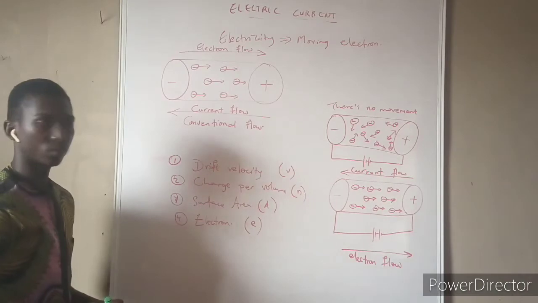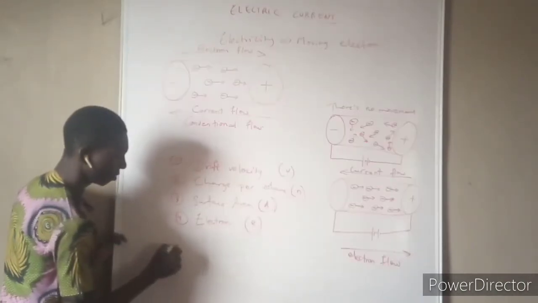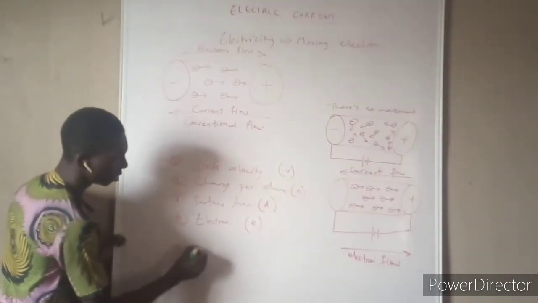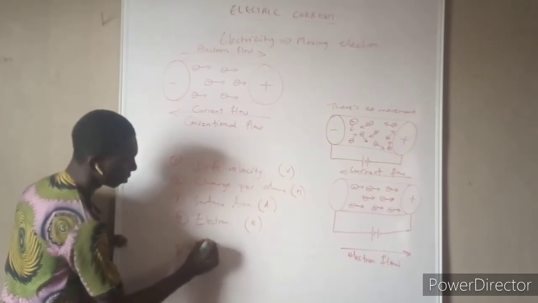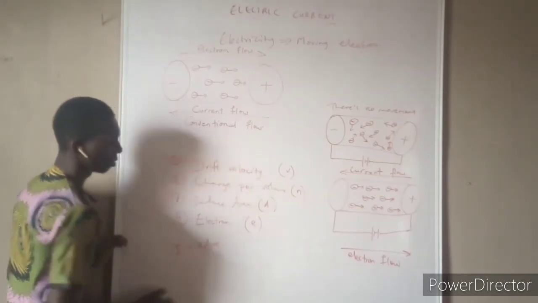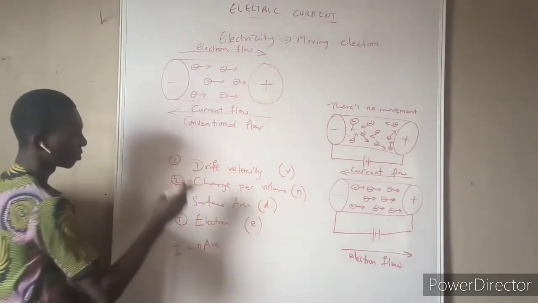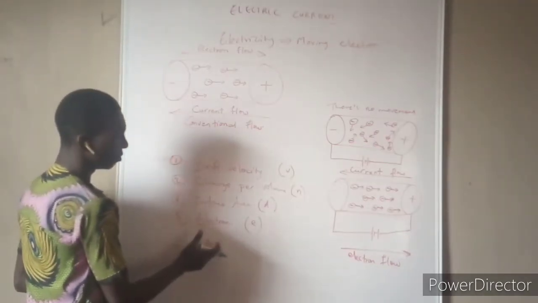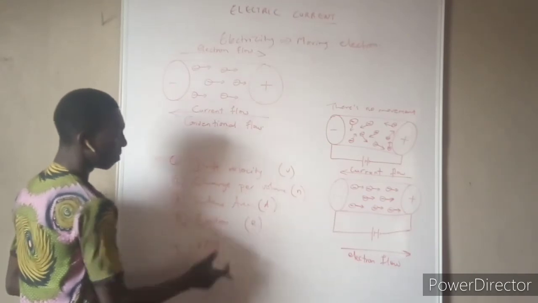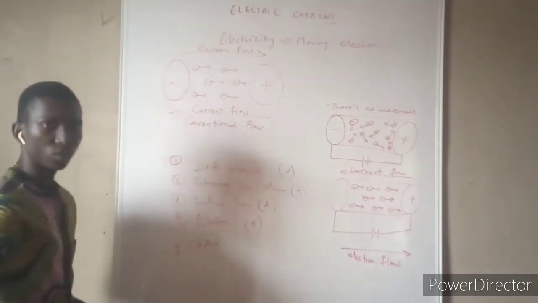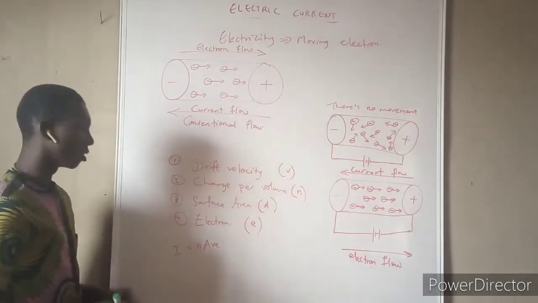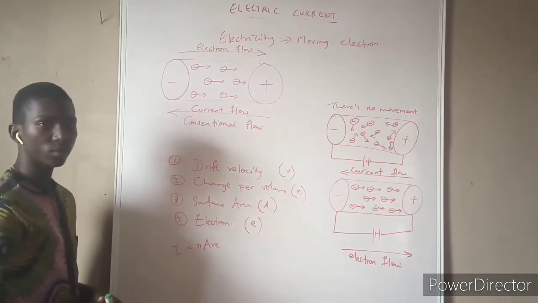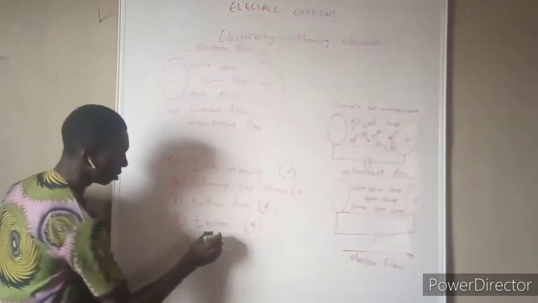So therefore it brings about a formula which says current I is equal to NAVe. That's the number of charge per volume times surface area times the drift velocity of the electron times the amount of electron in the conductor. So it's brought about this formula.